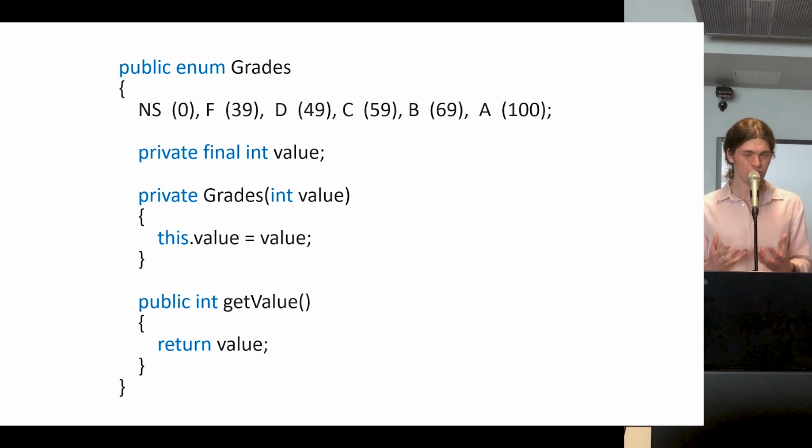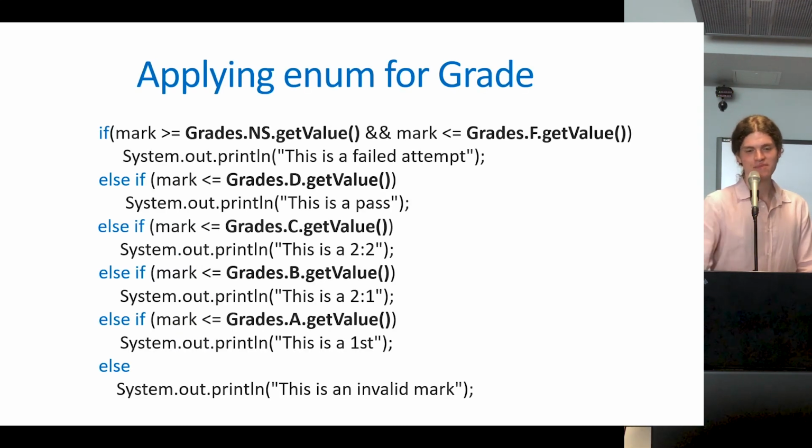So it's an internal call to assign the value for it. Okay, that's why we've added this code, so that we can internally assign custom values for these enumerations. Okay, so this is going to be called internally, hence why these are private. But we have also got a public method at the bottom there, getValue, which we are going to call outside of this class, and you'll see that on the next slide, which just returns the value for the enumerate value. Okay, so let's have a look at that.